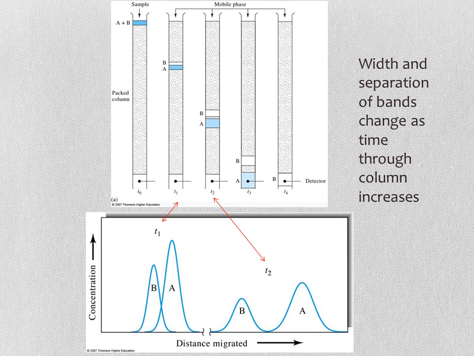And you also would have noticed that the width of the band increased as well. So we get broader peaks, shorter peaks as well, because the areas are the same, it's the same amount of stuff. And furthermore, if we have a change in separation and a change in peak area or width, then we can also talk about this in terms of resolution and efficiency.